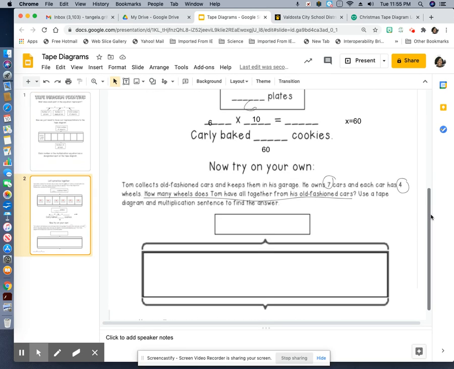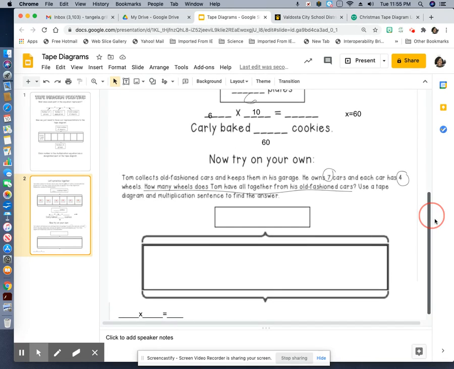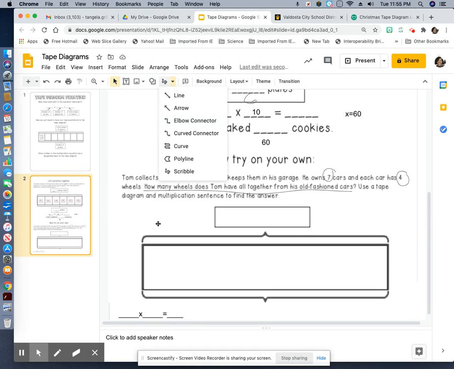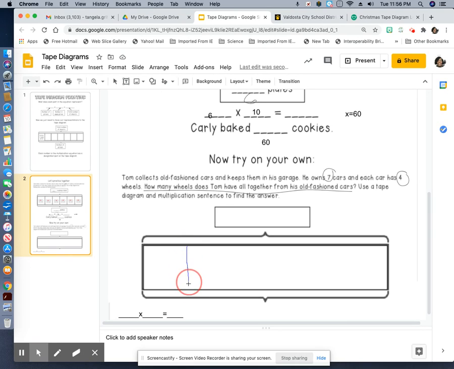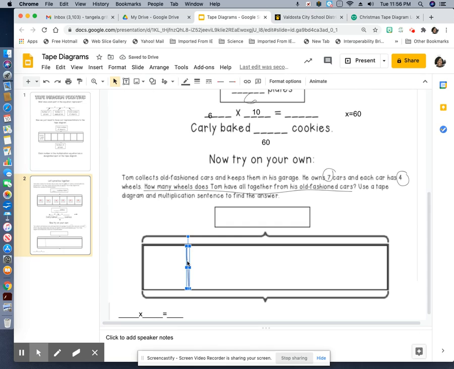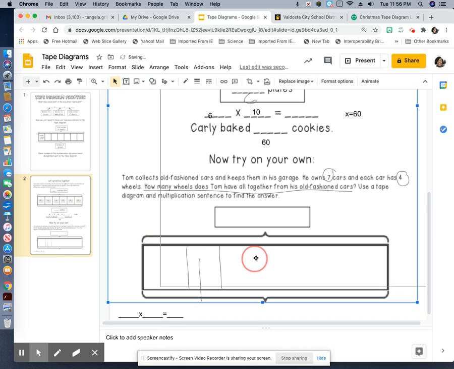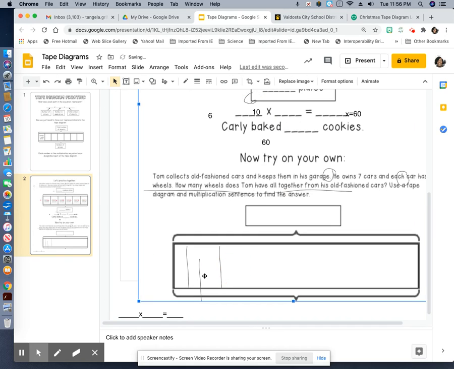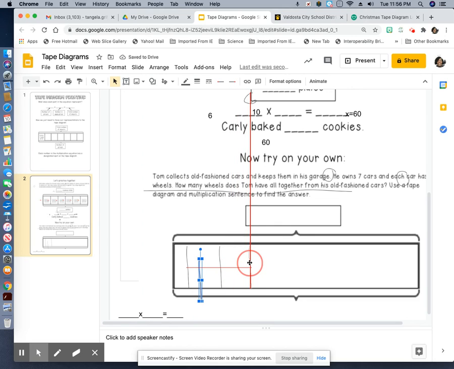So let's divide this tape diagram up. He owns 7 cars and each car has 4 wheels. So we're going to divide this up into 7. Make a line. So we got 1, 2, just trying to split it up here.